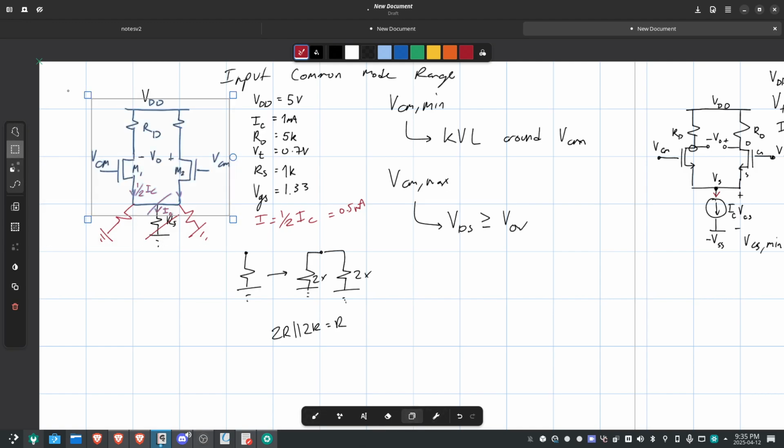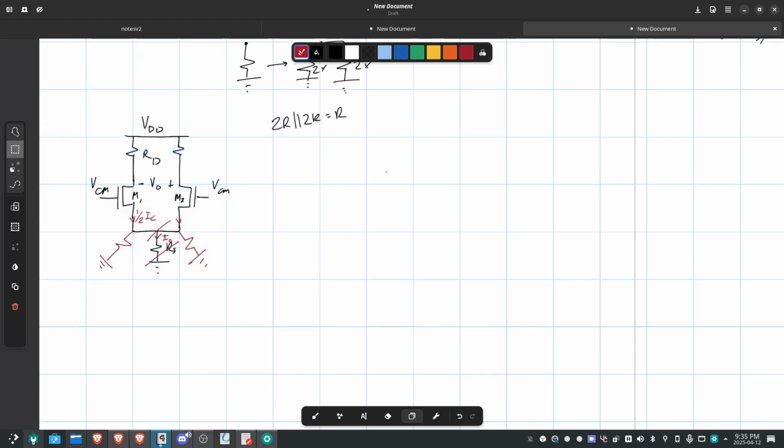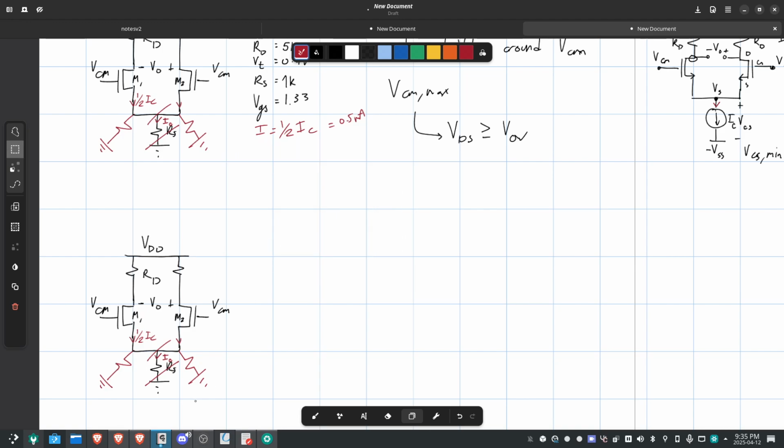Let's redraw the circuit. Ground. This is 2RS, and this is also 2RS, because the initial resistor was just RS. So we've now successfully split this circuit in twain.